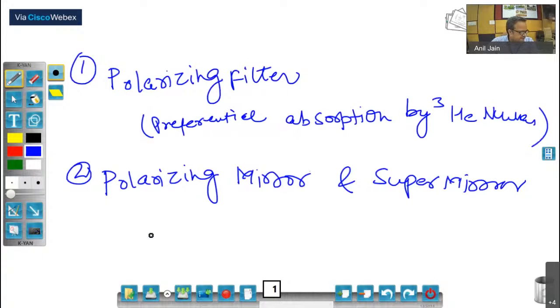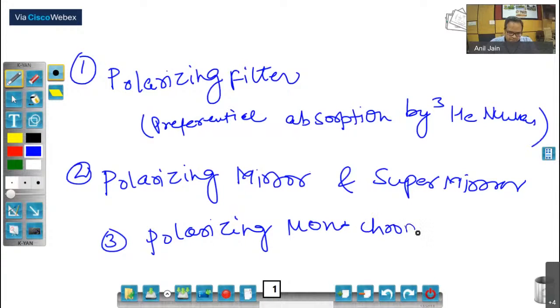And the third, which I have discussed, is by polarizing monochromators. So these are the ways by which you can produce the polarized neutron beam.